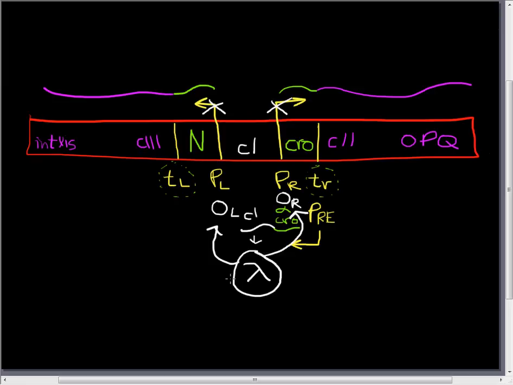It's also going to act as an activator of another promoter called PRM. This PRM promoter activates the transcription of more C1. So the RM stands for repressor to maintain the cycle.